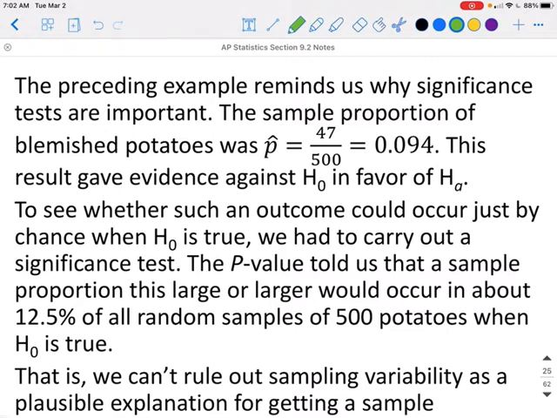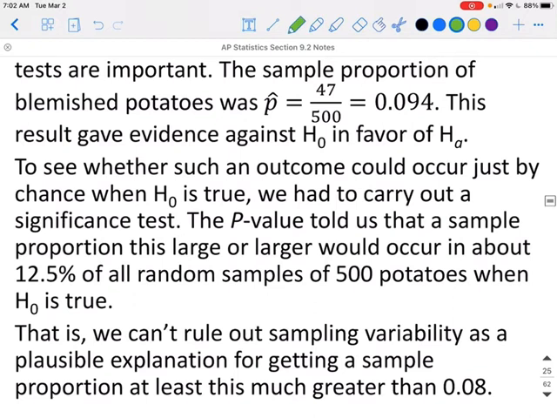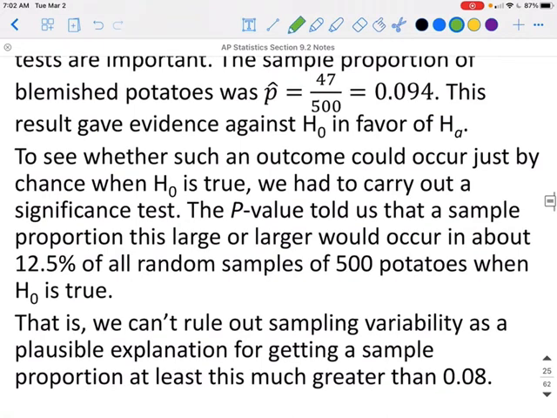To see whether such an outcome could occur just by chance when that null hypothesis is true, we carry out the significance test, and the p-value tells us that a sample proportion this large or larger would occur in about 12.5% of the random samples of 500 potatoes if that null hypothesis is actually true. That is, we can't rule out sampling variability as a plausible explanation for getting a sample proportion at least this much greater than 8%.